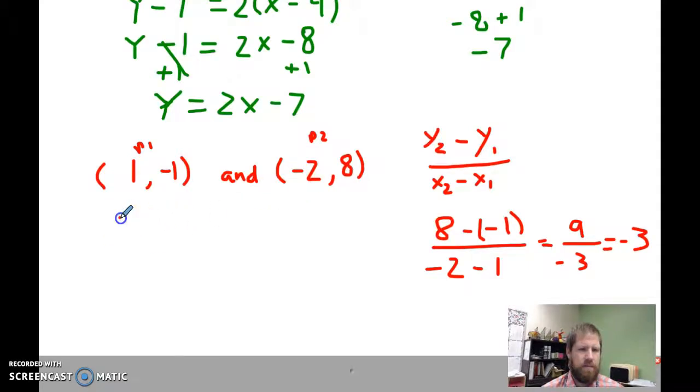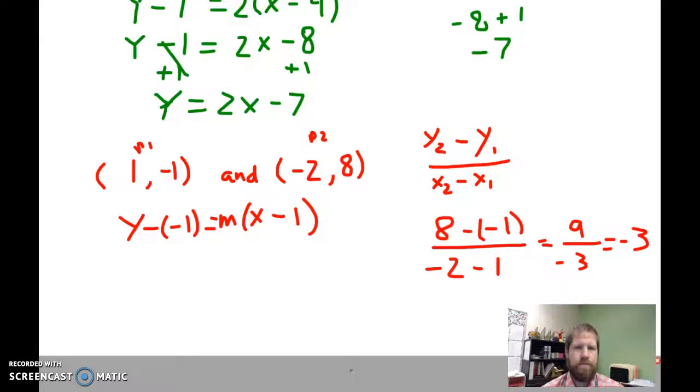I can plug it in. y minus, and I can choose either point. Doesn't really matter. I'll choose this point just because the numbers are smaller and it's easy to work with ones. So y minus a negative 1 equals m times x minus 1.